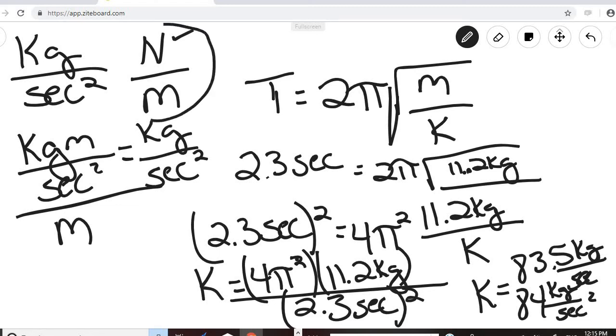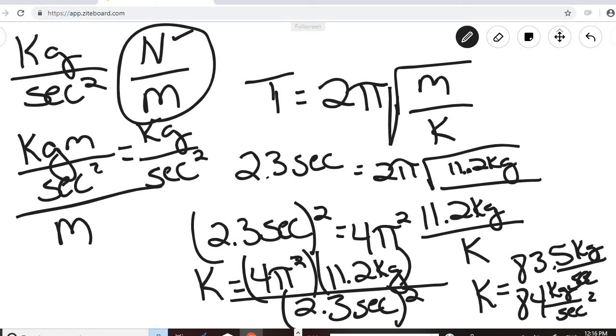So all I did was just write out what a Newton is, kilogram meters over second squared, and put it over meters. Then I can show you how this is then equal to a kilogram over a second squared.